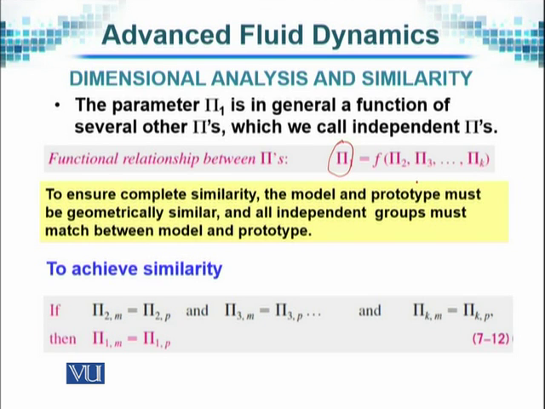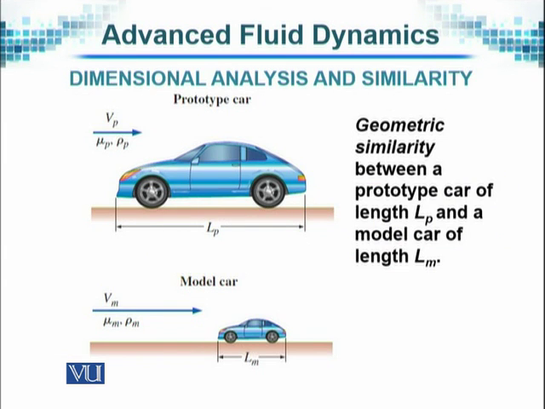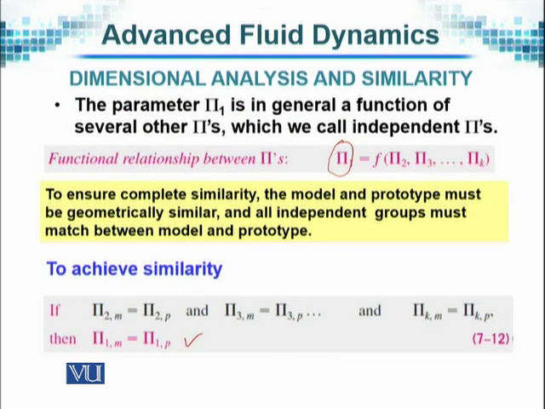So if pi 2 of the model is equal to pi 2 of the prototype and so on, then pi 1 of the model will be equal to pi 1 of the prototype. This is the rule that is required for similarity.